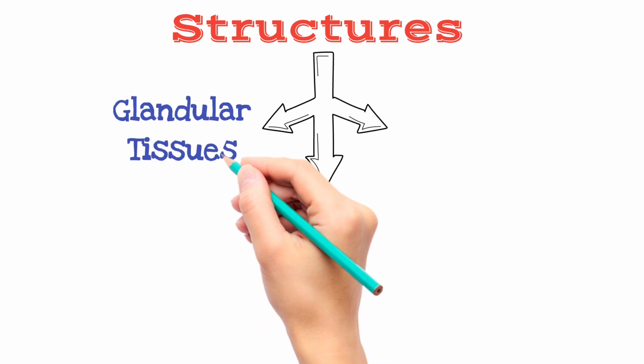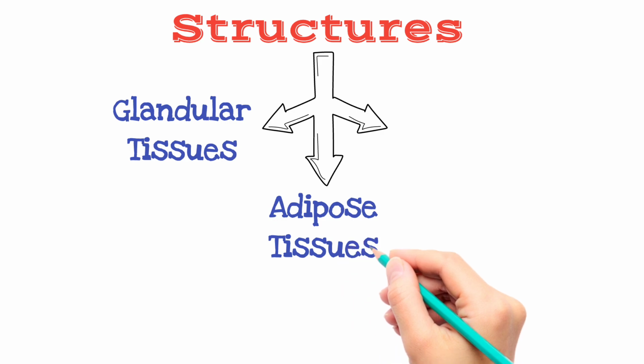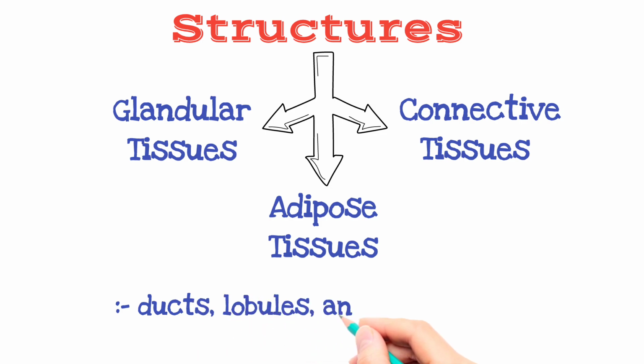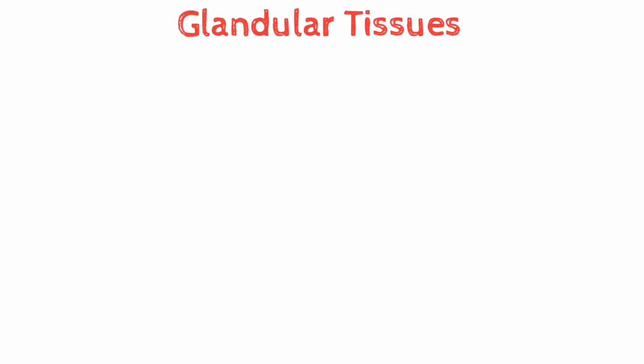Structures of the breast. The breast consists of glandular tissues, adipose tissues, and connective tissues, as well as several other structures such as ducts, lobules, and ligaments. Glandular tissue.